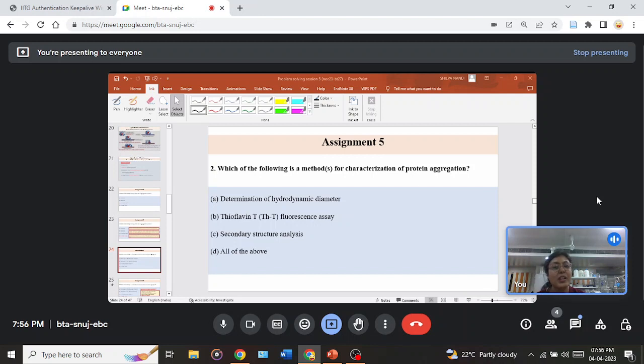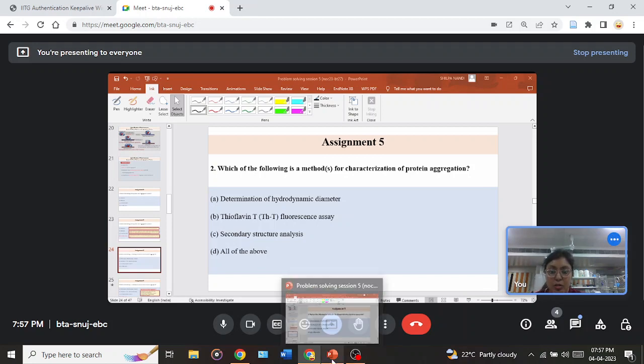So, which of the following is a method or methods for characterization of protein aggregation? I think when I was going through the lecture number 13 recap, during the first two slides only this particular topic arose. So Amardeep says that the answer is C. We will look for what is the answer.